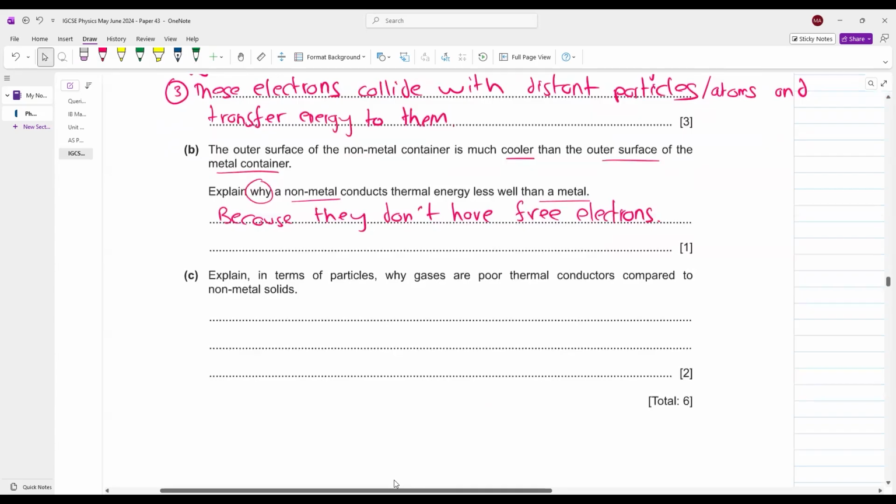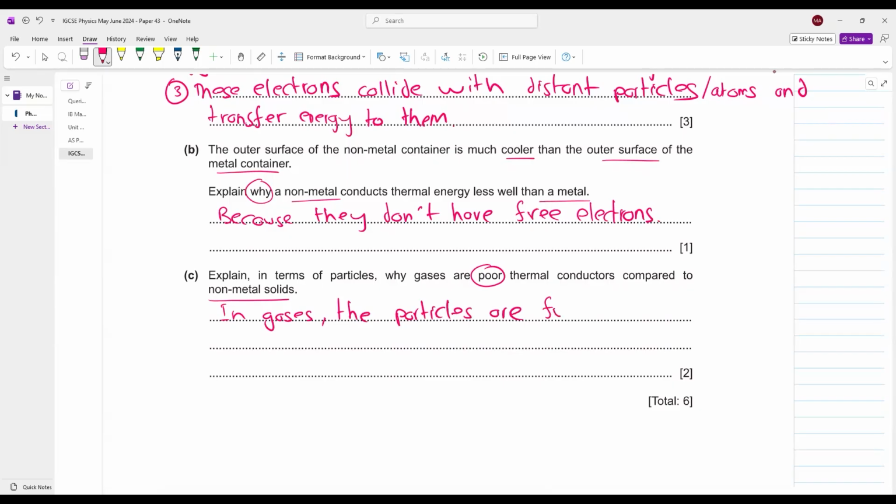Explain in terms of particles why gases are poor thermal conductors compared to non-metal solids. Because in gases, the particles are further apart.